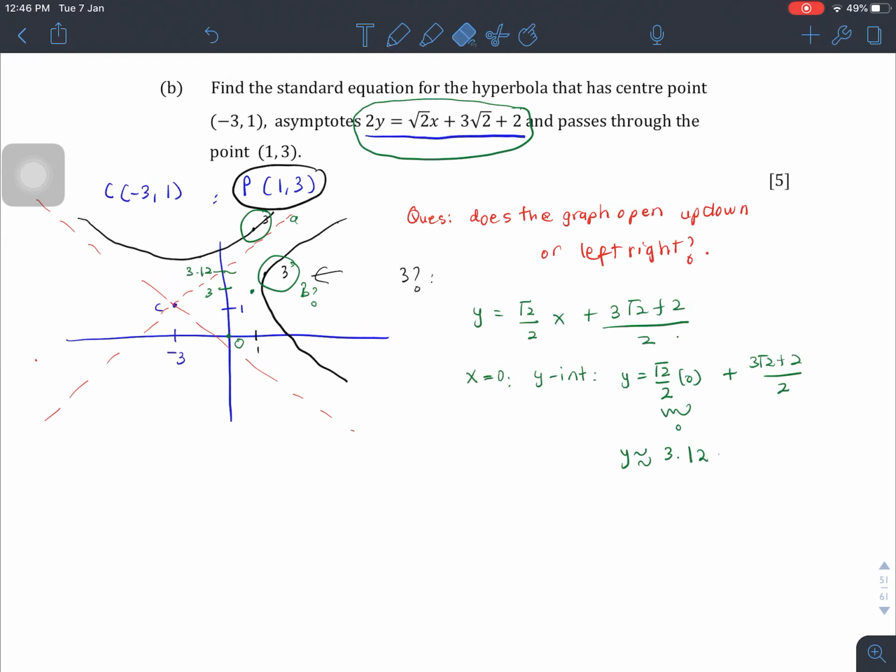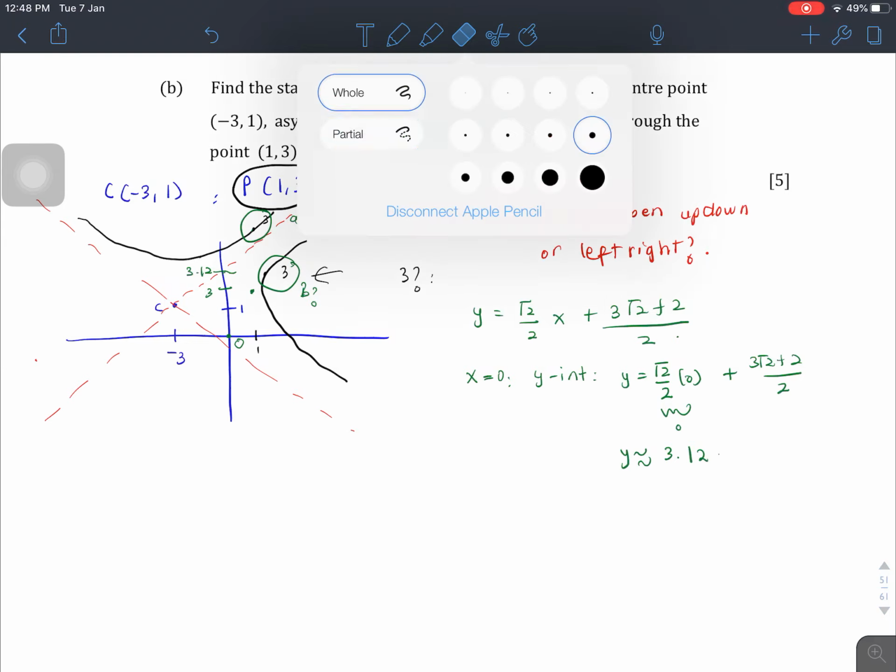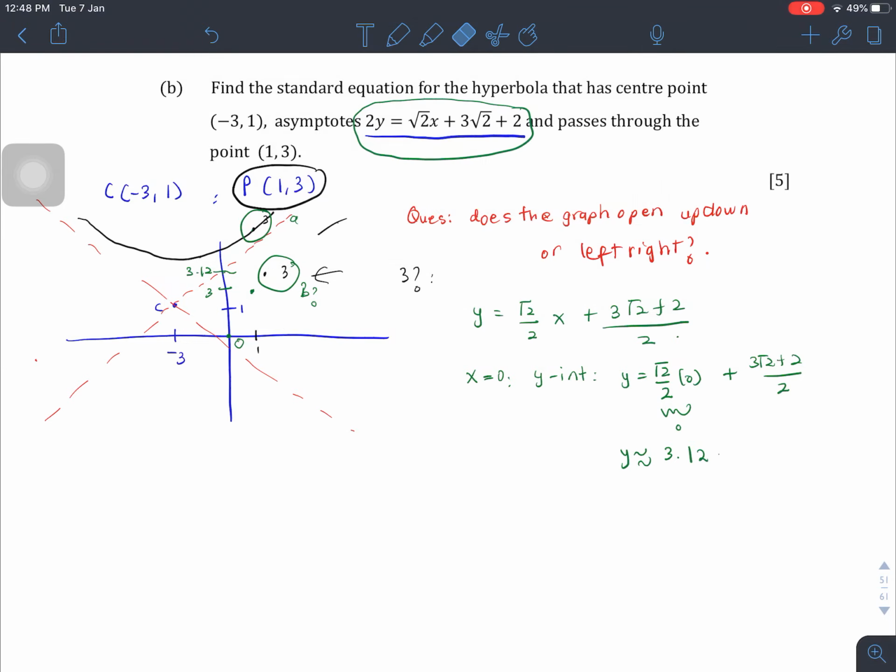So basically, your graph will have it here. It doesn't matter whether it crosses or not, but you know this particular point is (1, 3). So you know that this opens left-right.